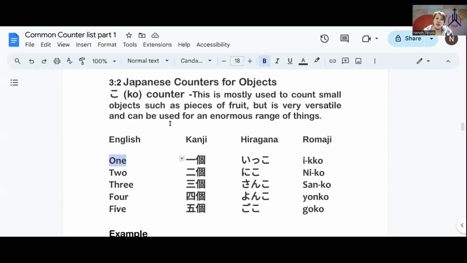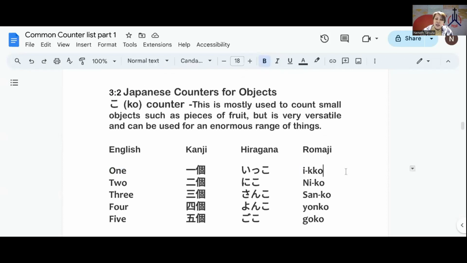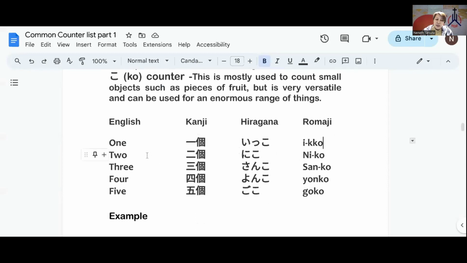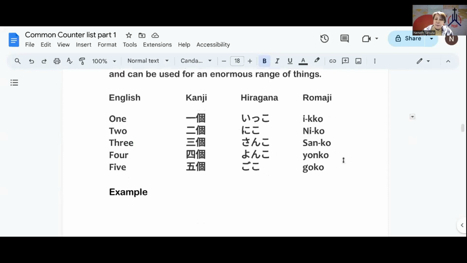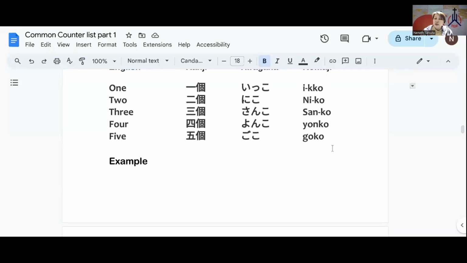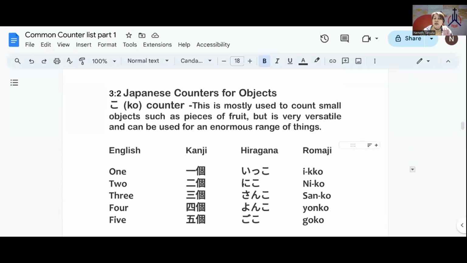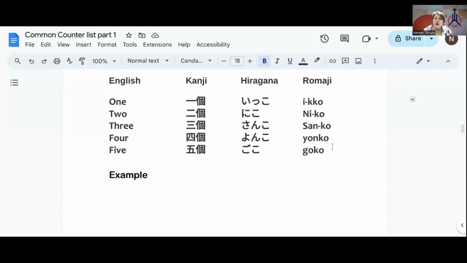So same with ko. Ikko. Okay, ikko. And then the rest are the same. Niko, just add the ko. Niko, sanko, yonko, goko, and so on. That is for small objects, the ko.